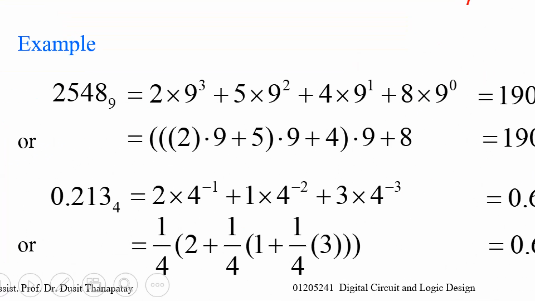And how about this one? For 0 point something, okay, number less than 1. Okay, easy, right? Just consider this one, 2 to the power of minus, right? Now for this one is base 4, right? Then 4 to the power of minus 1, 1 multiply 4 to the power of minus 2, and 3 multiply 4 to the power of minus 3, and sum all of these values.